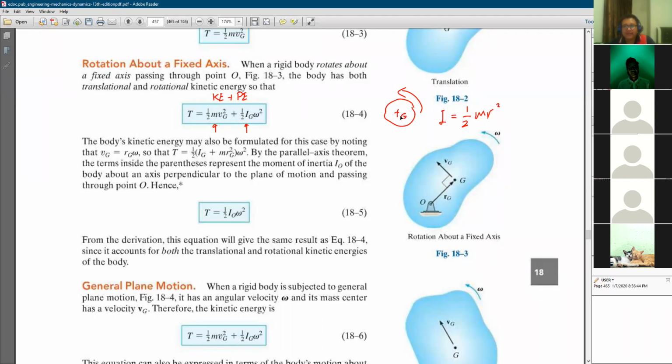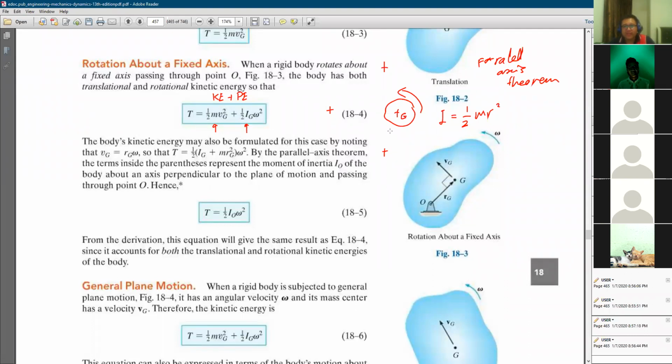But if the axis of rotation of this particular body is somewhere here, for example, or here, or up here, that's why we use the parallel axis theorem.